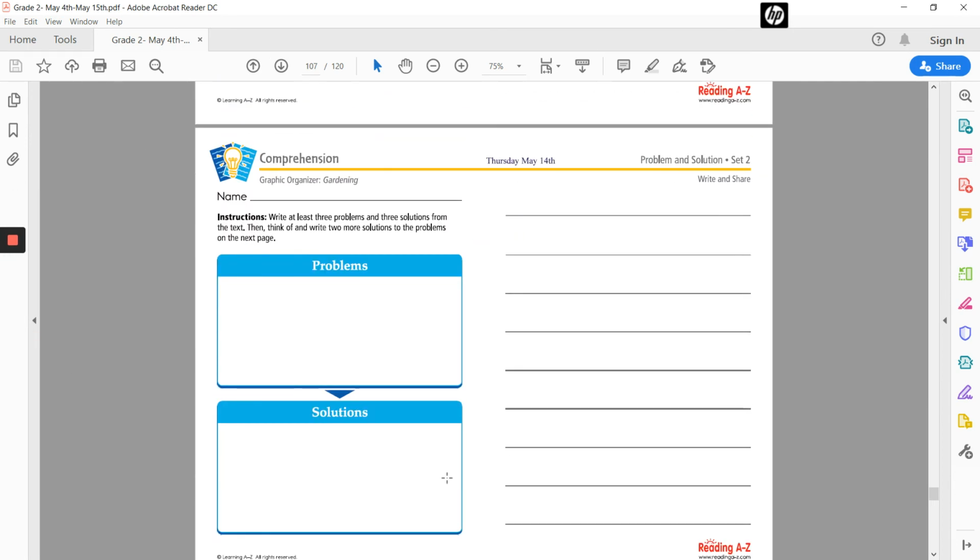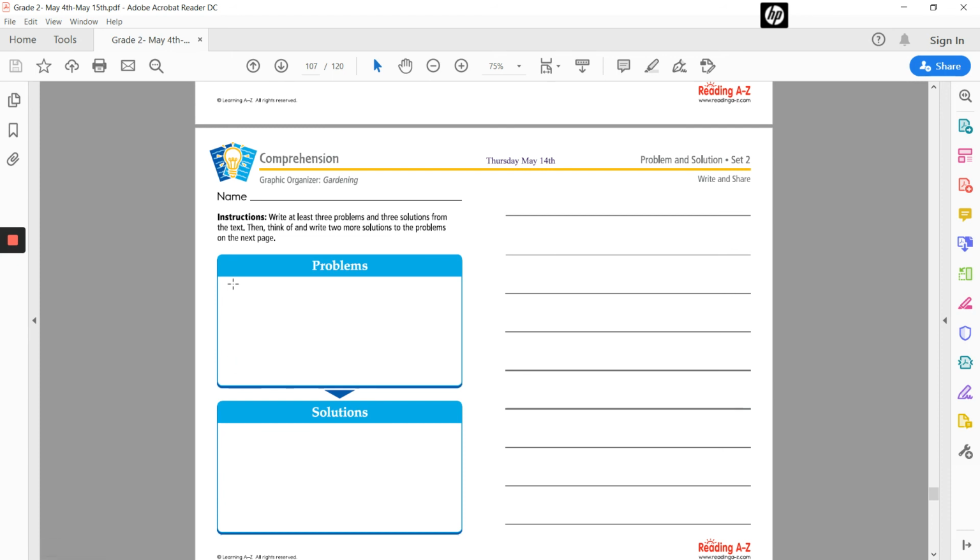All right. So, for our work for today, we're going to use details from the text to write at least 3 problems and 3 solutions. Then you can think of 2 more solutions to the problems and write them over here. So to keep your writing organized, you should number your problems and solutions.